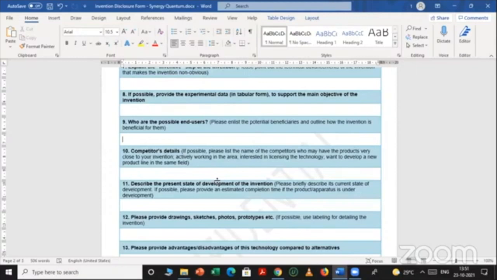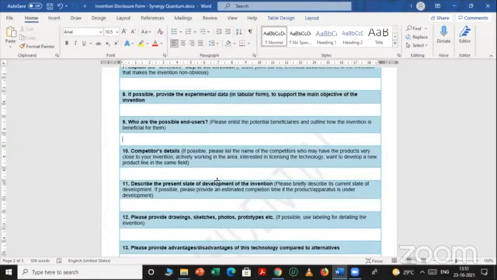The 10th point is more relevant to tech corporations, who do this inventive activity regularly.